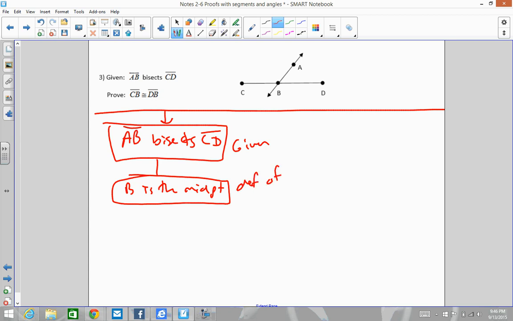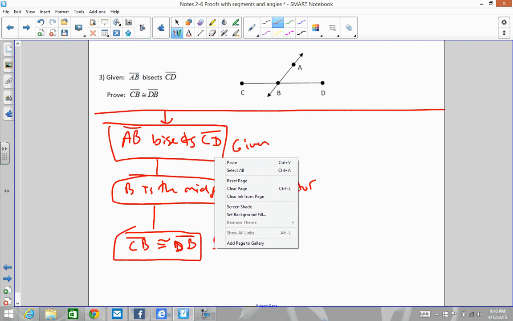Definition of segment bisector. And so then I have that. Now, what does a midpoint do? Well, a midpoint creates two congruent segments. So then I can say CB is congruent to DB. And I know these are congruent because of what was right above it. If I have a midpoint, then it creates two congruent segments. So this is the definition of midpoint. Oops, sorry, I didn't mean for that to pop up.